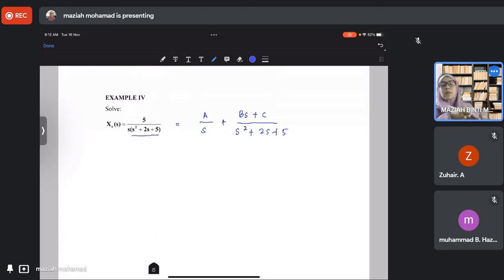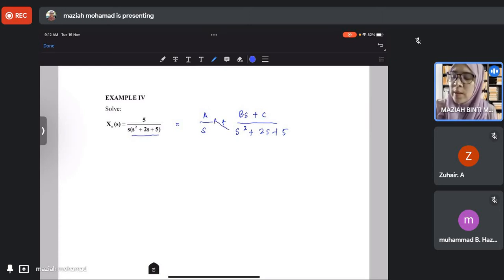We're going to solve for A, B, and C. Here we cannot use the remainder theorem because we have three unknowns, A, B, and C, but you just have two equations. So instead we're just going to use a comparison method.